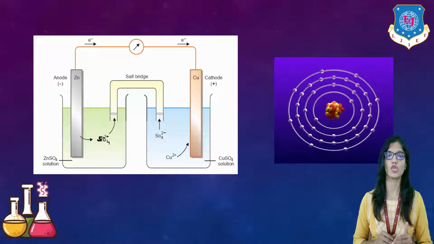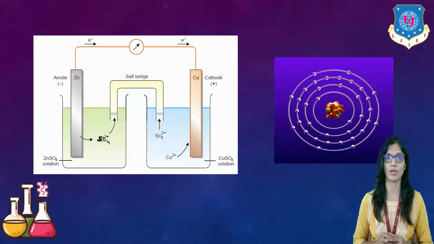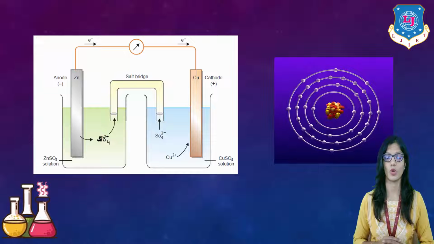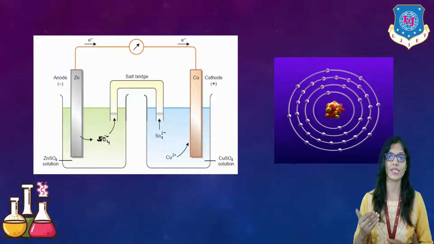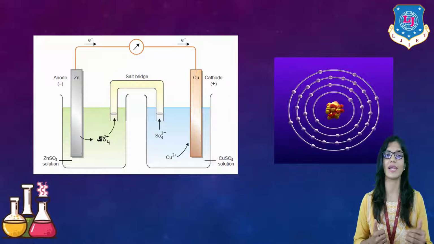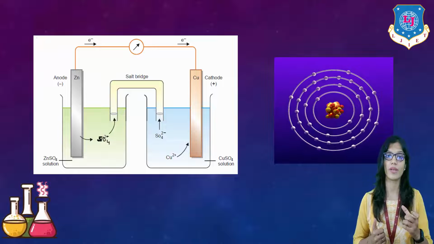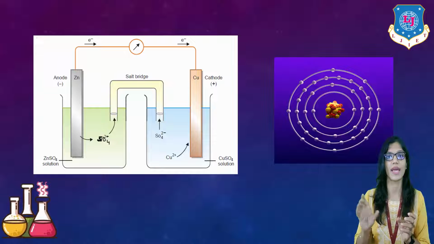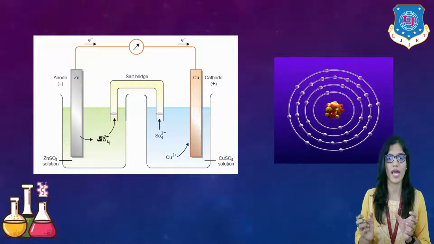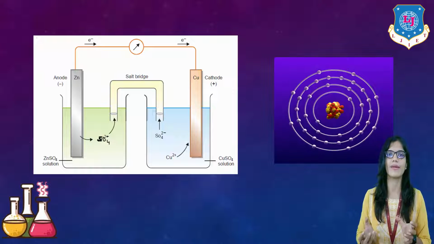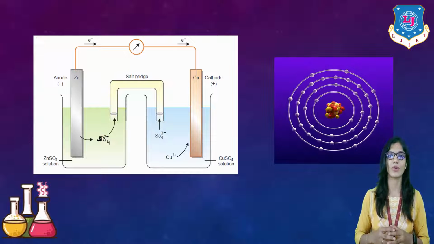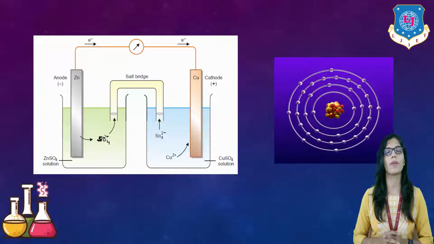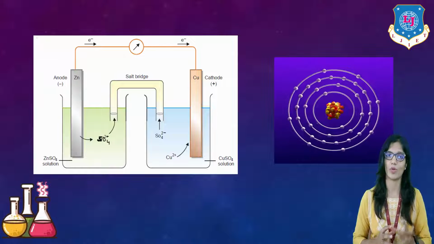The anode loses the electron while the cathode accepts the electron. Because the cathode carries a positive charge and the anode carries a negative charge, the electron will be released by the anode and transferred to the cathode. The cathode accepts that electron and it will be deposited on the plate. So the copper plate behaves as a cathode, while the other side, the zinc plate, behaves as an anode.